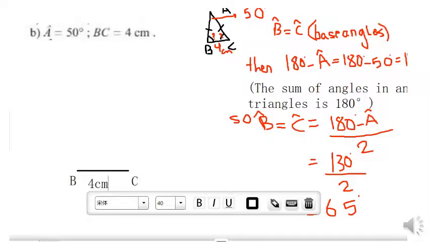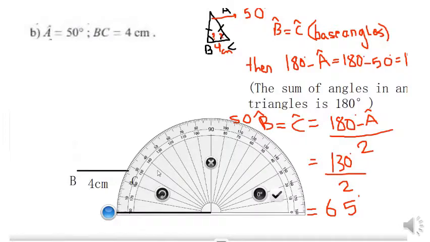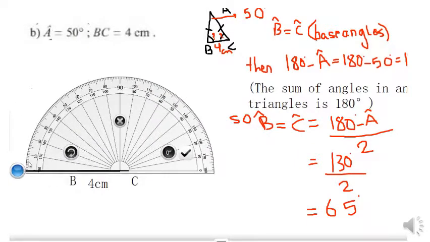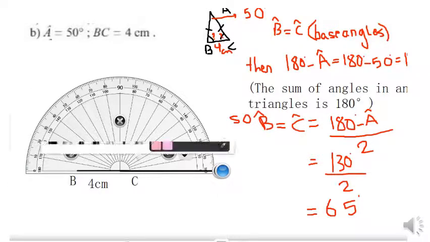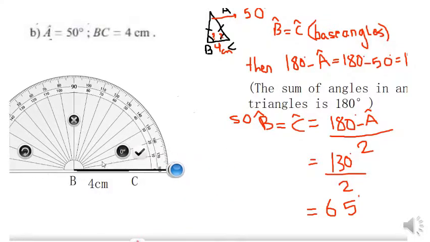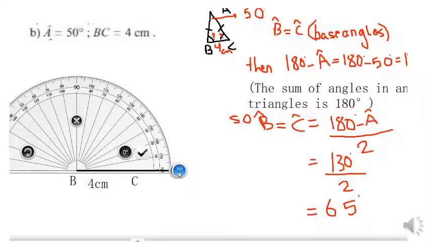Okay, then we use the protractor, put it on B, or first let's start with angle C, which is equal to 65 degrees. They are both equal, so if you start with B or C, they are the same. 65 degrees. This is 65.